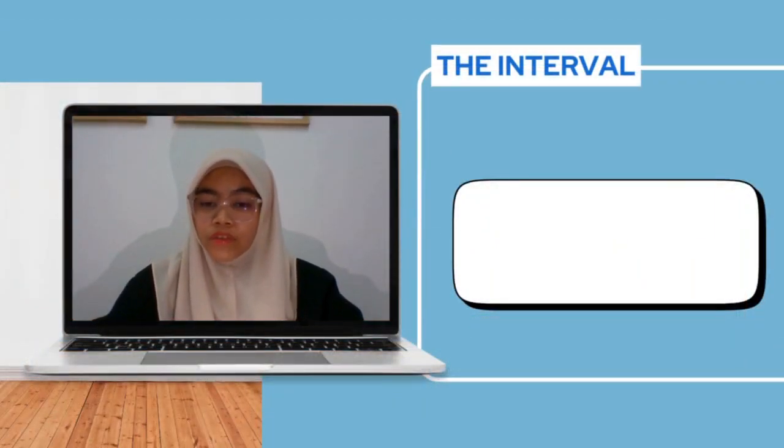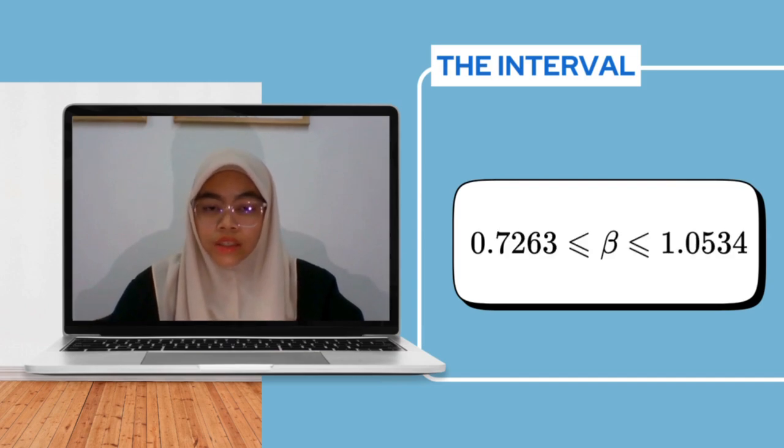Then the interval that we got for the question is 0.7263 less than or equal to beta less than or equal to 1.0534.